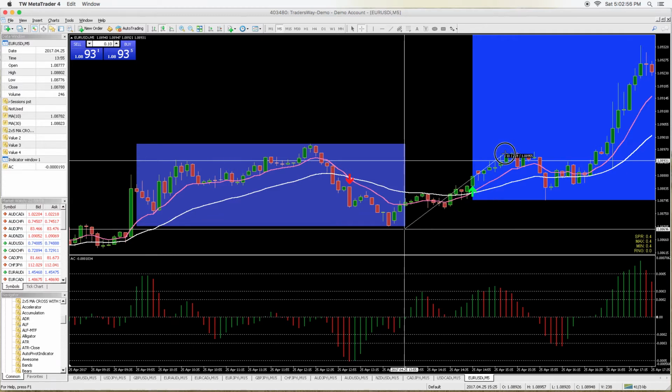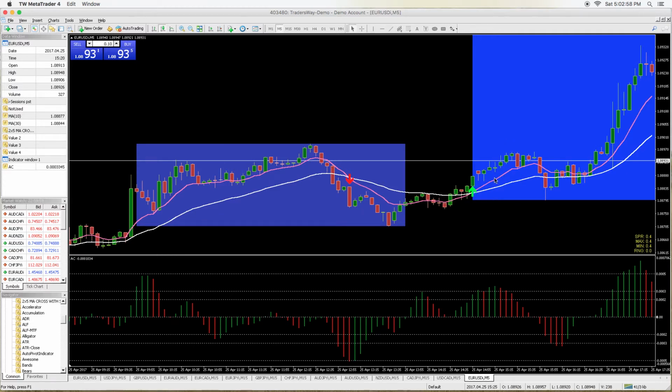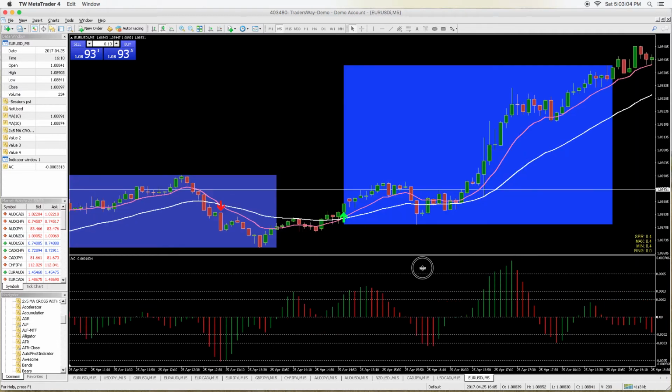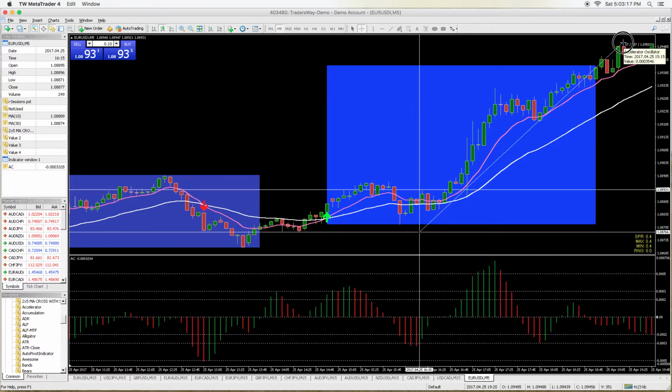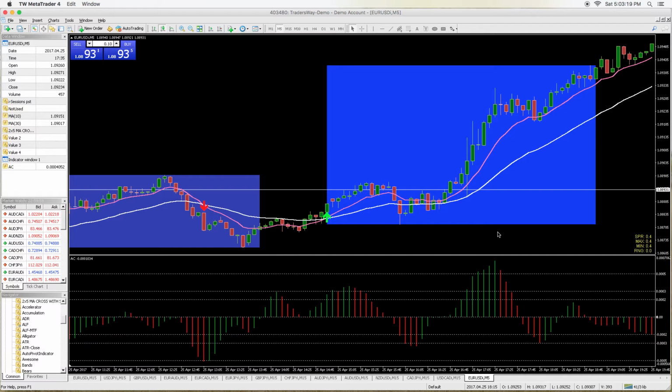Like this move here to here, this is 25 pips, but on here it looks like an extremely strong move, compared to right over here, where it did move substantially higher, but then this move from, say, this low up to here is almost 75 pips, so it's about 3 times as much.